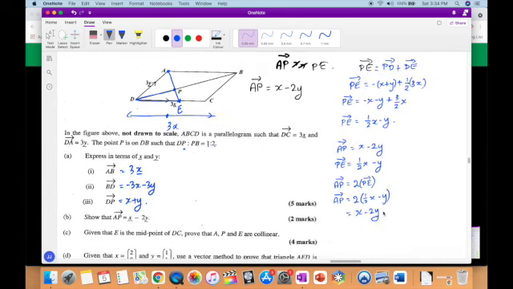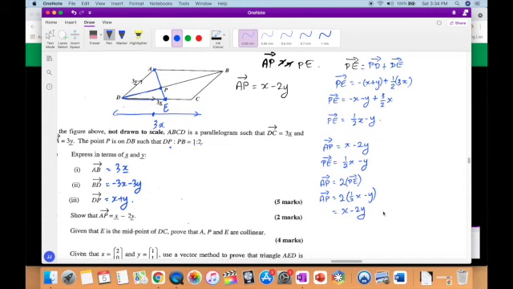Right? So, just to recap, they want us to show that A, P, and E are collinear. Well, in order for them to be collinear, I could take AP and show that it is parallel to PE. And because they both share a point, they'll have to be collinear. I know AP is this, but I just had to find PE.